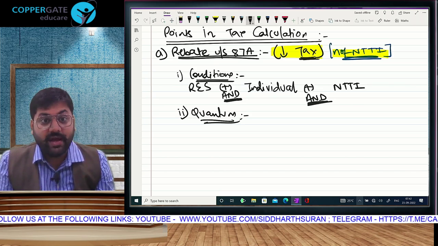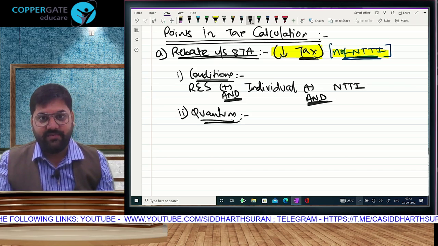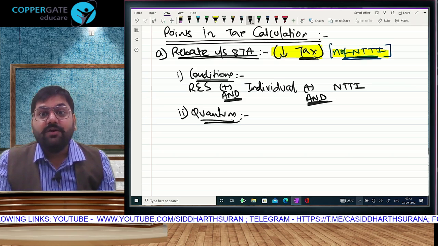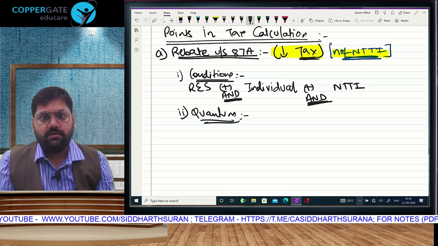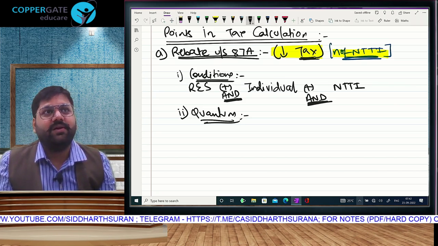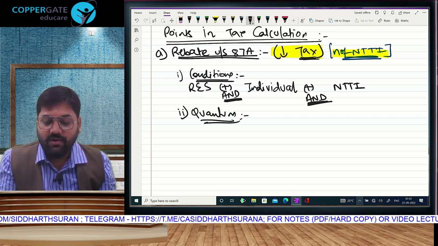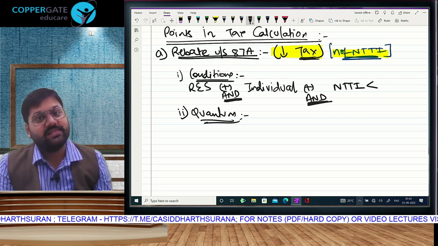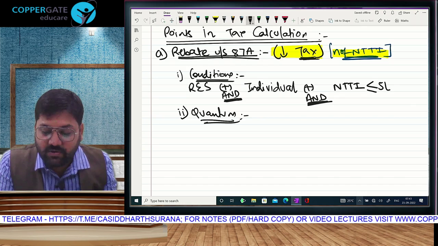Because you get rebate not when your income is less than 5 lakh, but when your income is not more than 5 lakh. Some are like, sir, it is one and the same. No, less means not more. Nahi, mitro. Not more means less than 5 lakh and not more also means equal to 5 lakh.